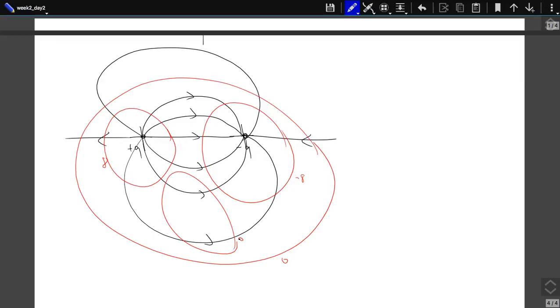What is the total charge in this sphere? 0. Well, in this sphere I have this +q charge and this -q charge, so it is 0. And the total number of field lines passing through it, the net number, is 0. And similarly in this one, there is no charge inside. And the total number of electric field lines passing through it, well, there are some electric field lines passing by, but they are entering and leaving, so the net number is 0.